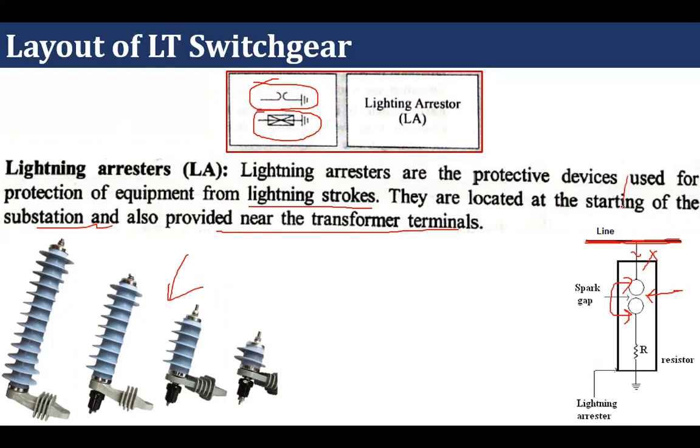But the moment lightning strikes over here, the voltage level will increase suddenly, and discharge will happen across this gap, and now there is a connection from here to here, and so all the excess current will pass to the earth. So this is the function of lightning arrestor.